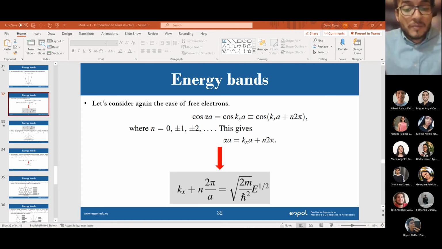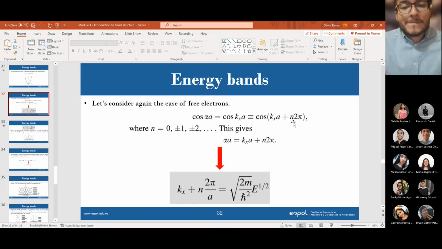And in that case, let's say you will say that the first level of energy is actually kx equal to that, and that will be your first level of energy. So n is just a number that you put that can satisfy the periodicity of the function, but that's it. Yes, it's usually related to the level of energy.